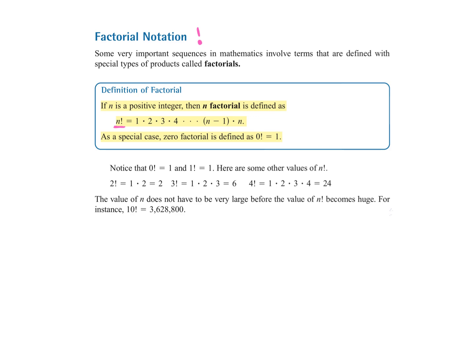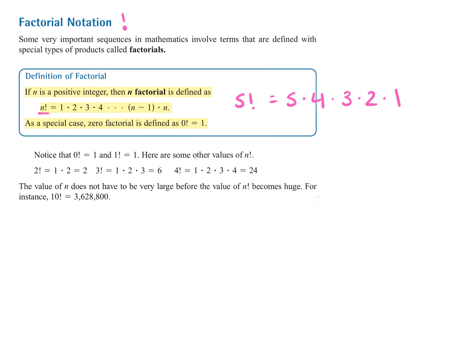So if I had, let's say, 5 factorial, this would be 5 times 4 times 3 times 2 times 1. That exclamation point is a factorial. We multiply that number and everything that comes before it.